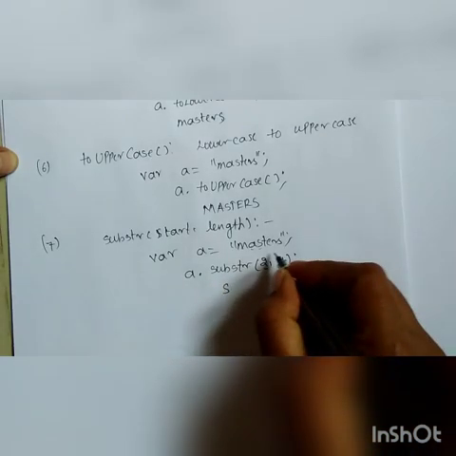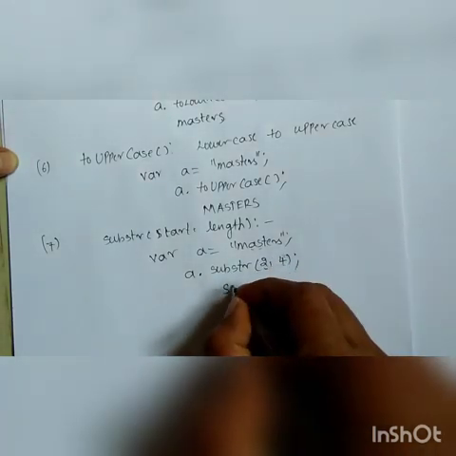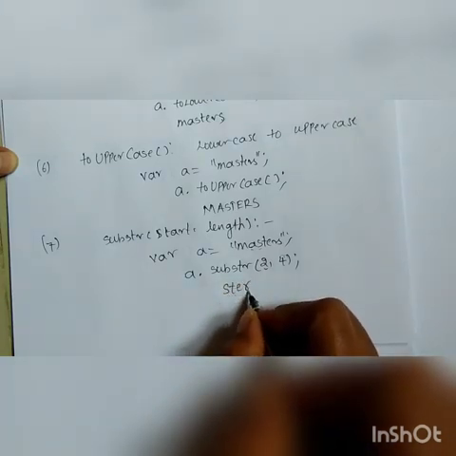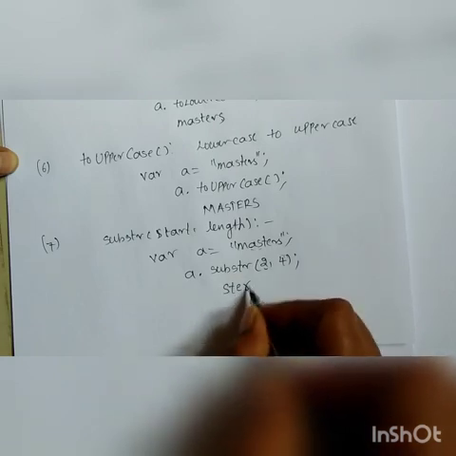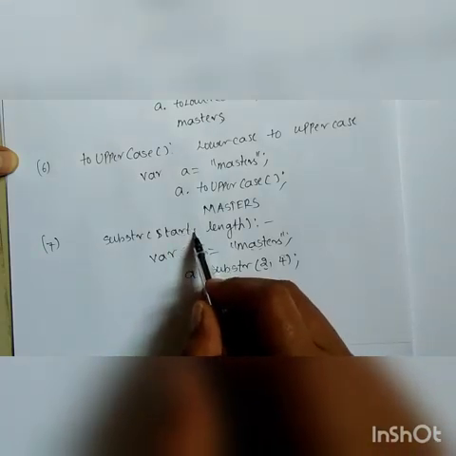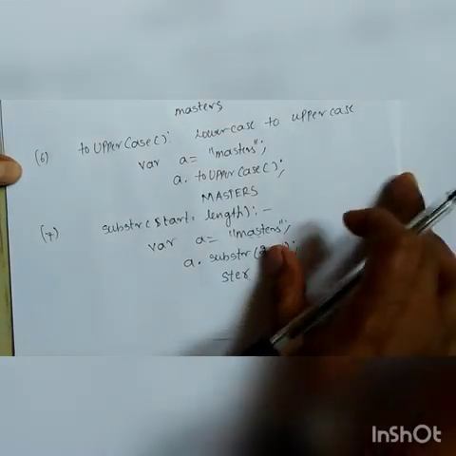That is S. And up to how many characters does it return? 4 characters: S, T, E, R. So it returns the string STER. So this is called substr. It returns a string starting from the start position, up to the length of characters.